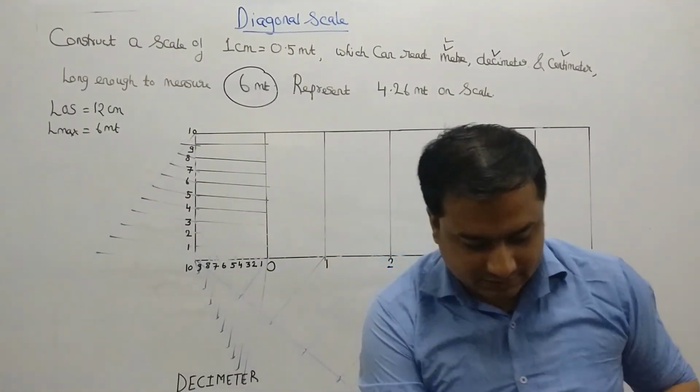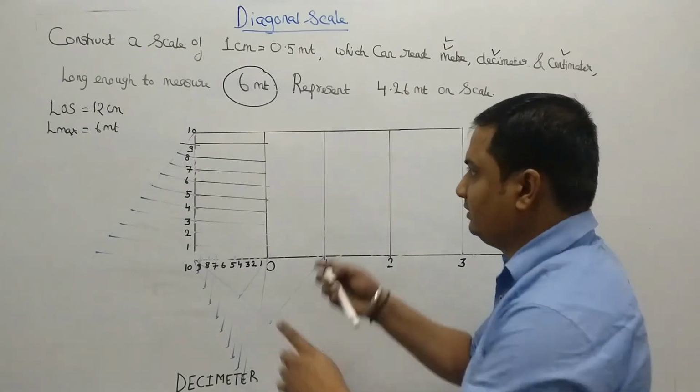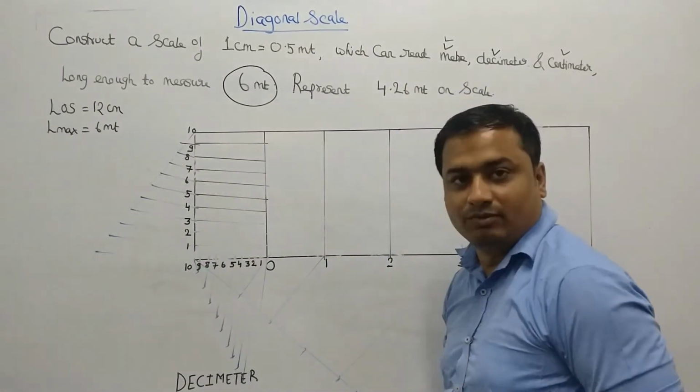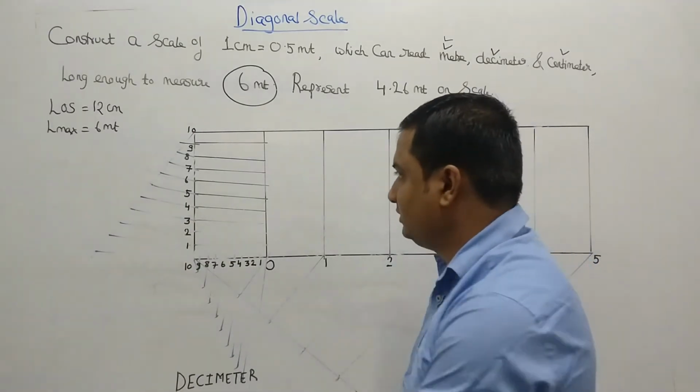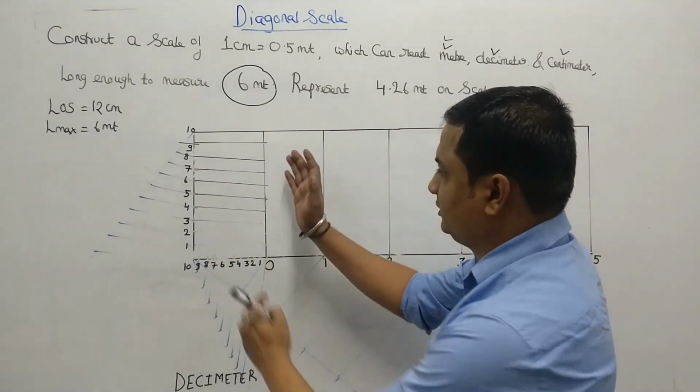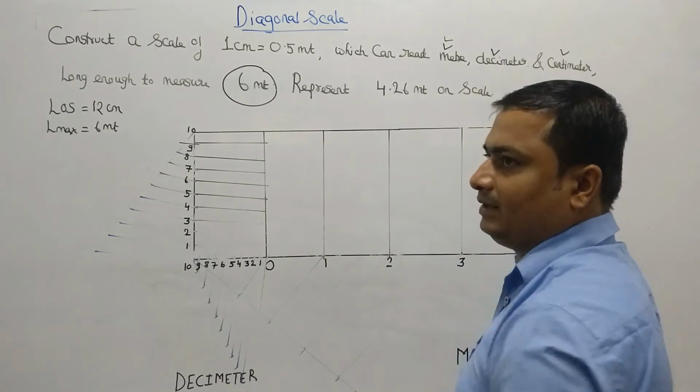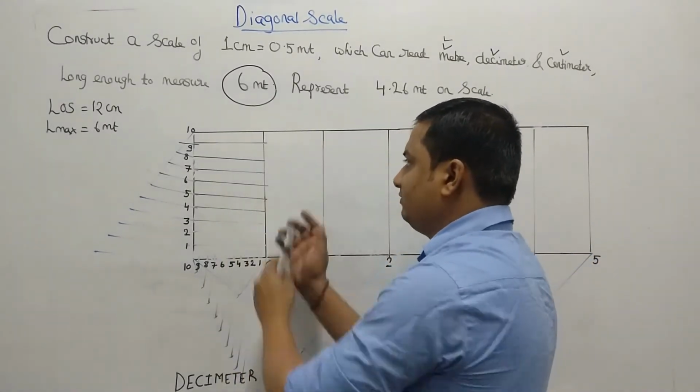So what I have done is I have just completed the box, and from all these 10 vertical divisions I have dropped horizontal lines for this first part only. You can take them across the entire box also, or you can drop only up to this first line.